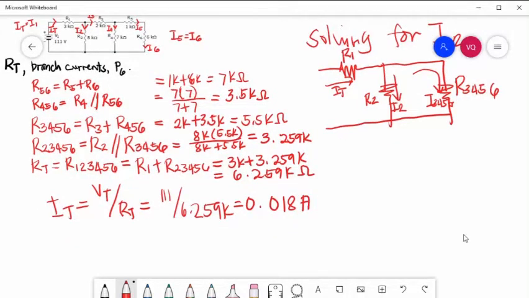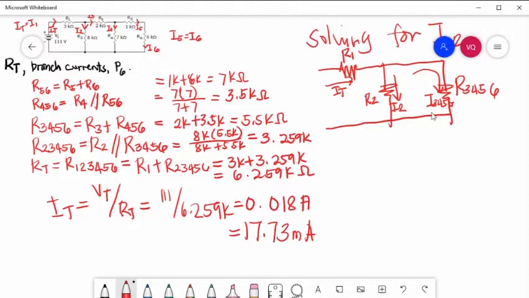For IT, let us consider it in terms of milliampere, because I rounded it off earlier. So IT is equal to 17.73 milliampere.